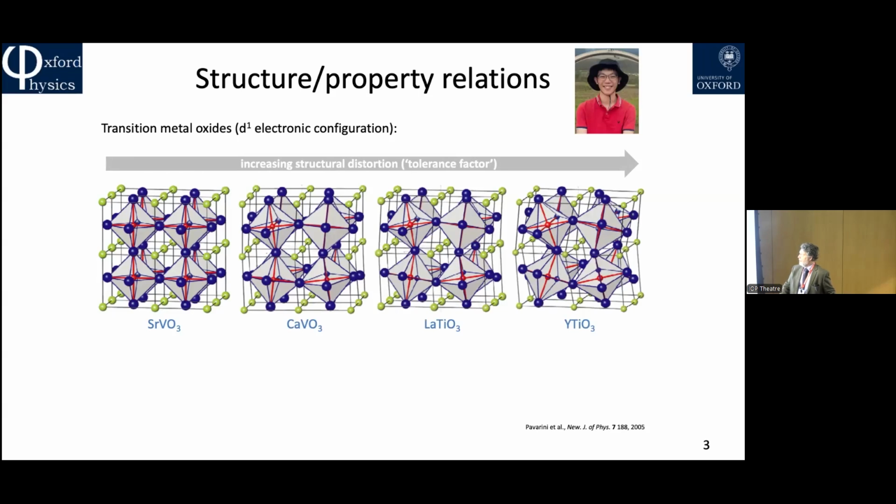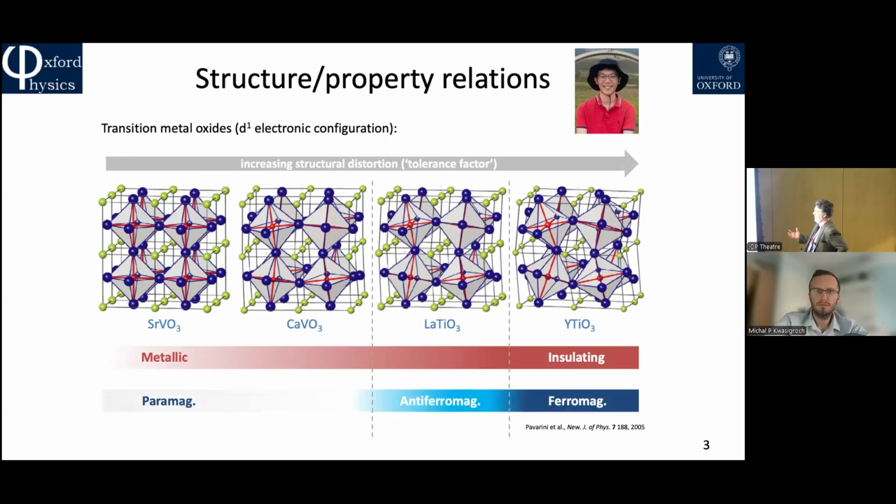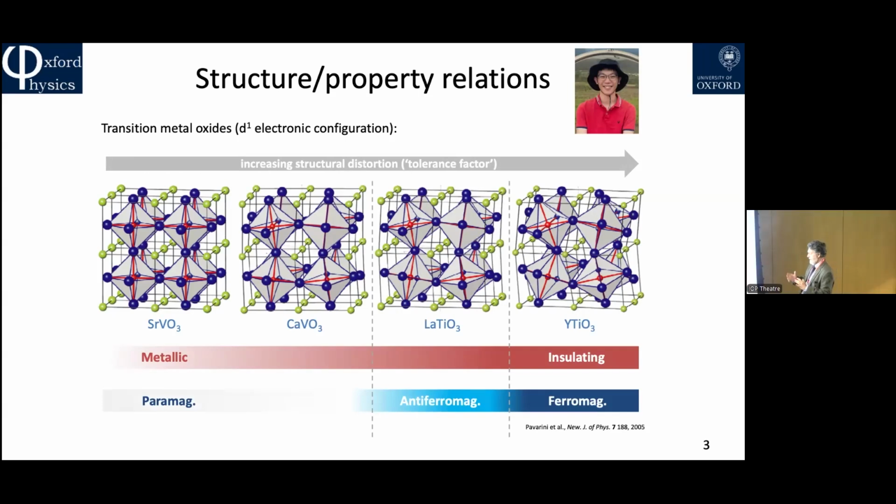The strontium version is less distorted, and then you go towards other compositions and you change, for example, the valence, the size, and the distortion, and you can change things from metallic to insulating, from paramagnetic to antiferromagnetic to ferromagnetic. That's the story of at least a great part of condensed matter physics since the 1930s.